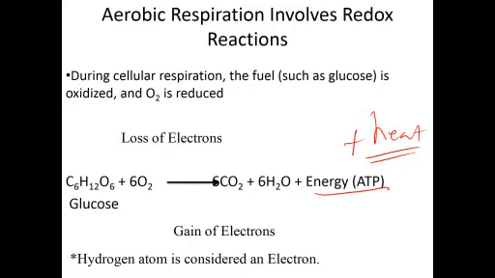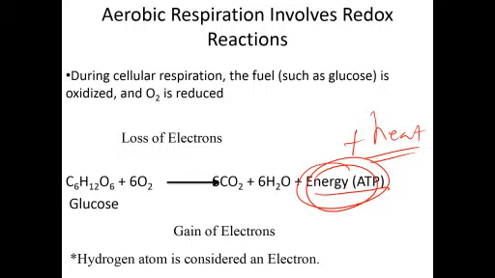In this process of losing hydrogen atoms, you have the breaking of chemical bonds and the release of energy, and that energy is captured, transferred, and used to make ATP.